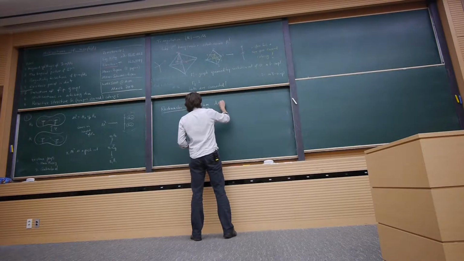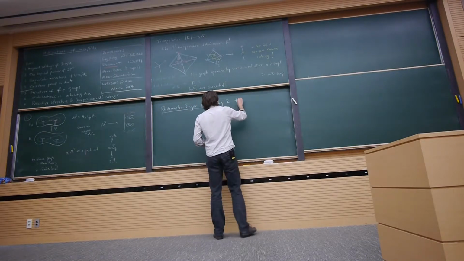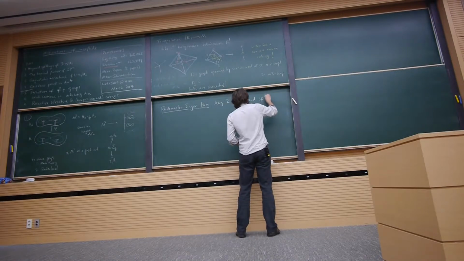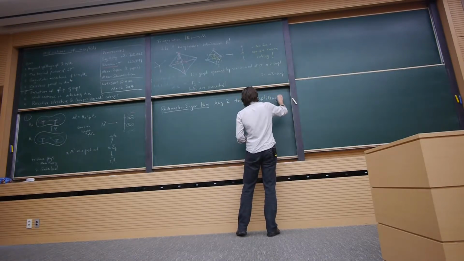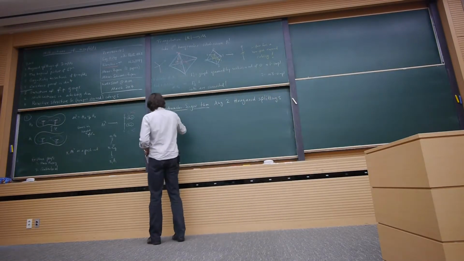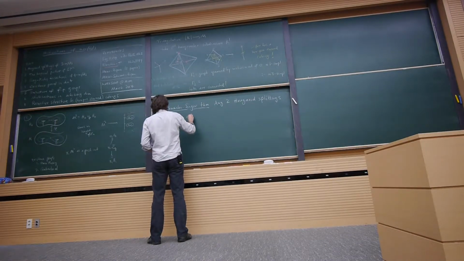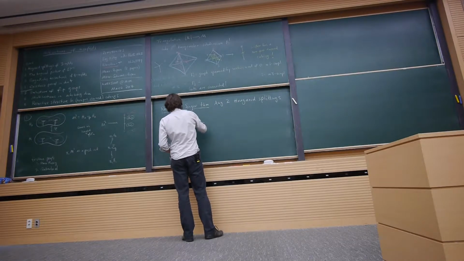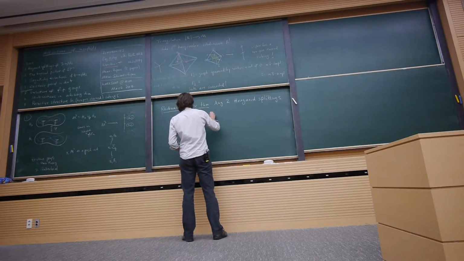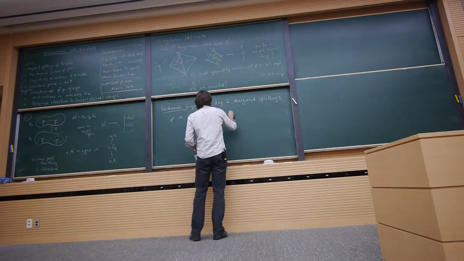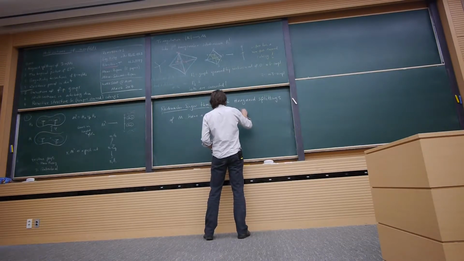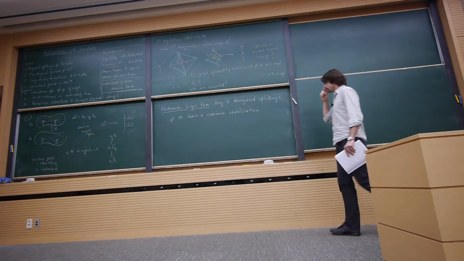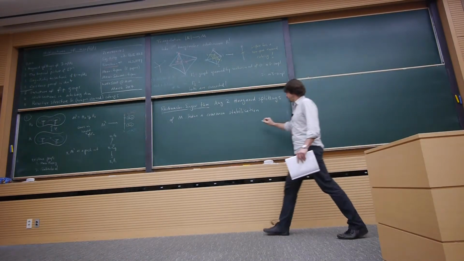So any two Heegaard splittings of M have a common stabilization. So what is the stabilization?